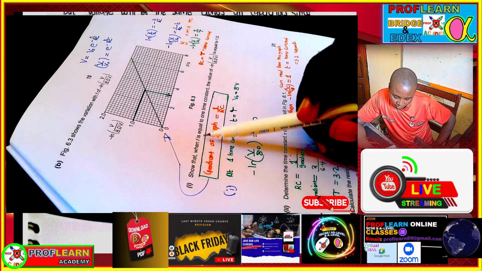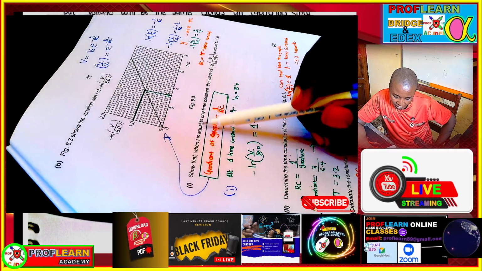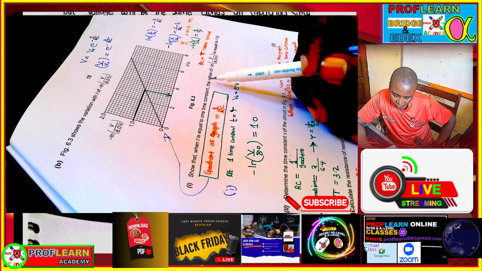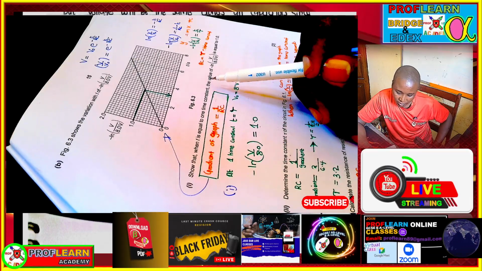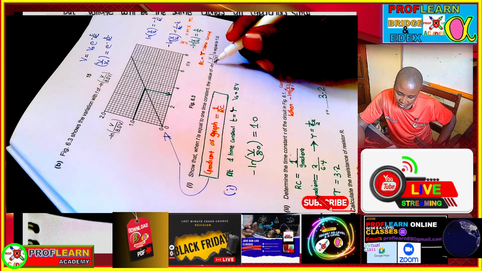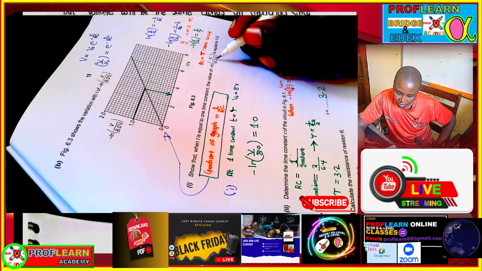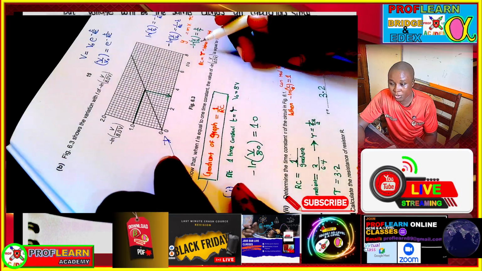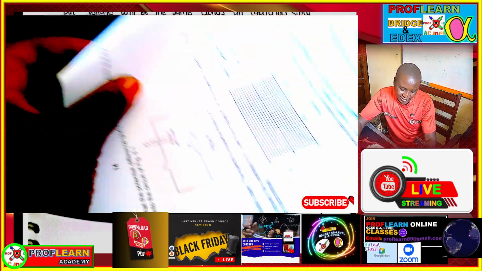Now, show that when t is equal to the time constant, negative ln of V over 8.0, and remember 8.0 was the voltage it was charged to.